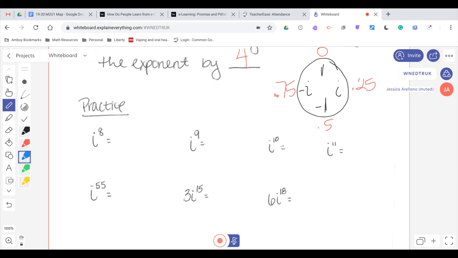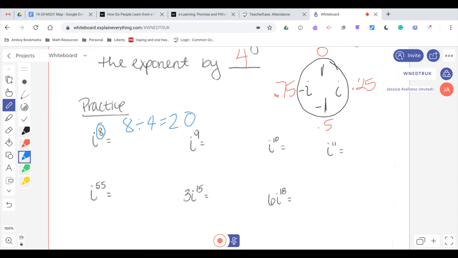My first example is i to the 8th power. I could either count 1, 2, 3, 4, 5, 6, 7, 8, and get all the way back up there, or I can just do 8 divided by 4, which comes out to a nice whole number with no decimal.